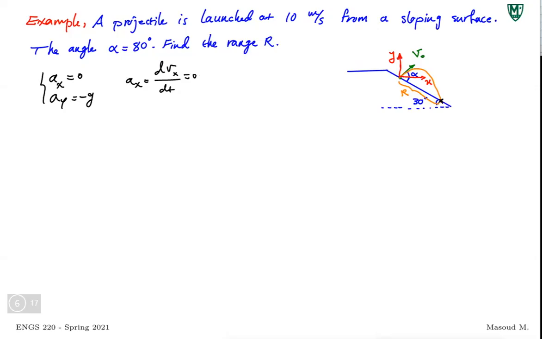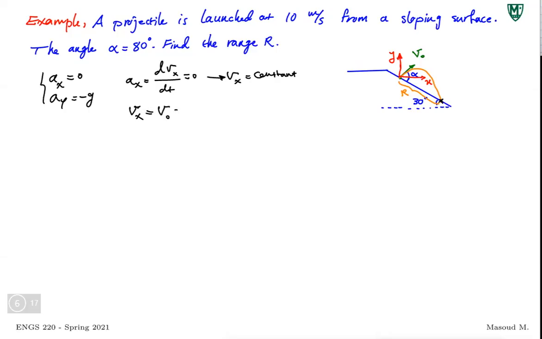That's the definition of ax. And vx became constant, whatever it is at the beginning of the motion. I don't know if it's going to make it more confusing or more clear. I'm just following what I did to derive the equations. If you don't feel comfortable with that, you can just get the equations from what we had.